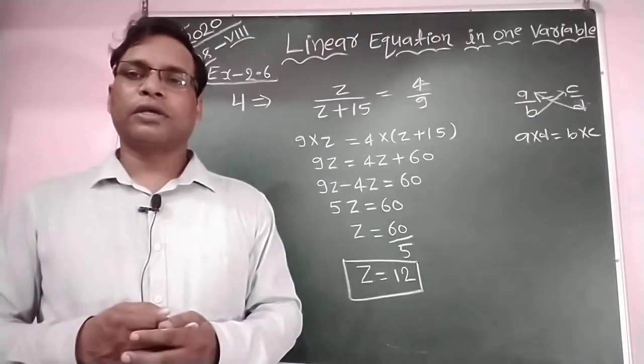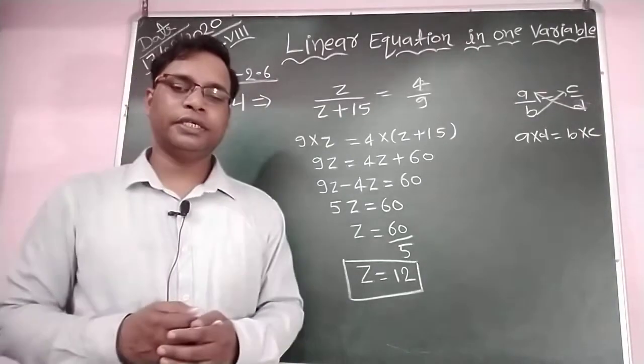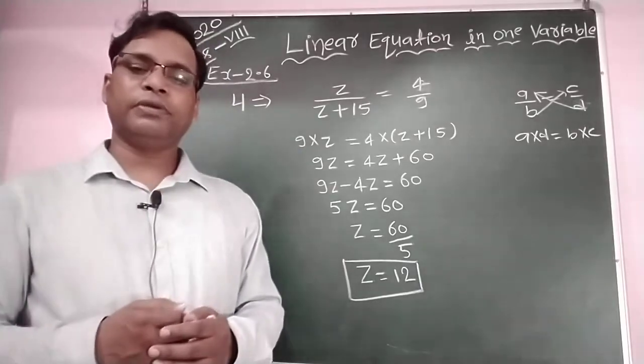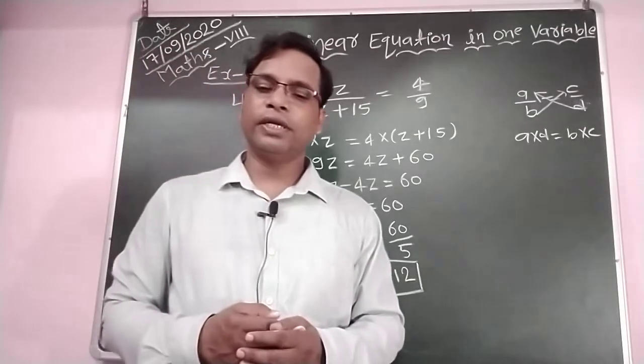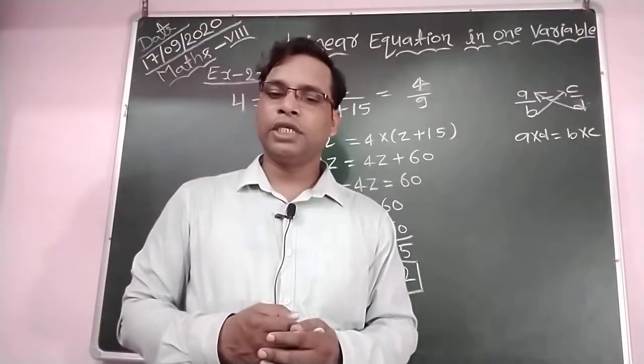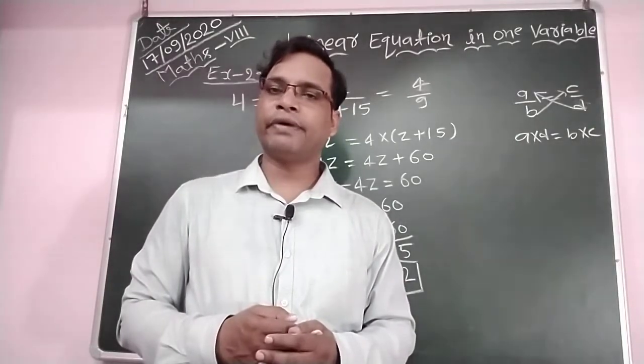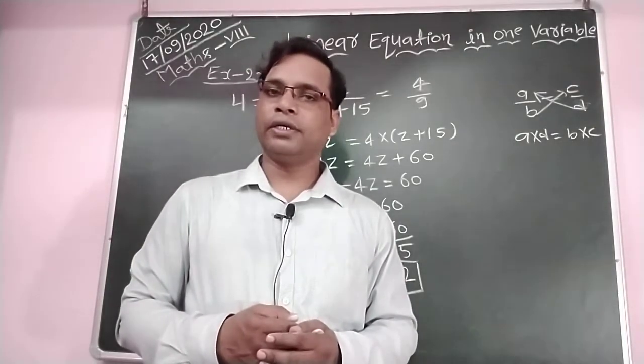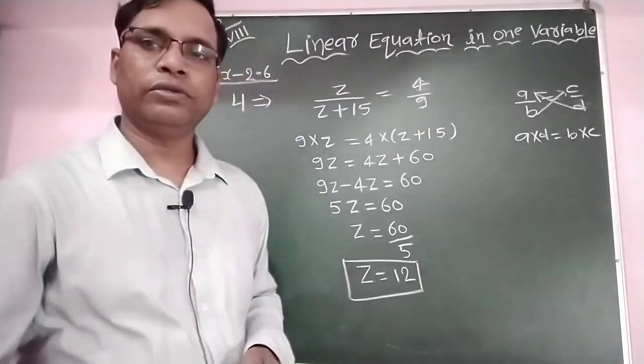next question. Question number 5 is that (3y plus 4) by (2 minus 6y) is equal to minus 2 by 5. So here we need to solve this equation and find the value of y. Okay, so let's see how to do it.